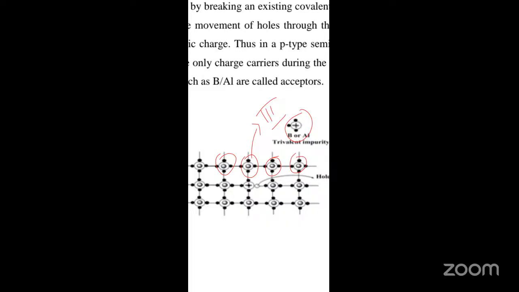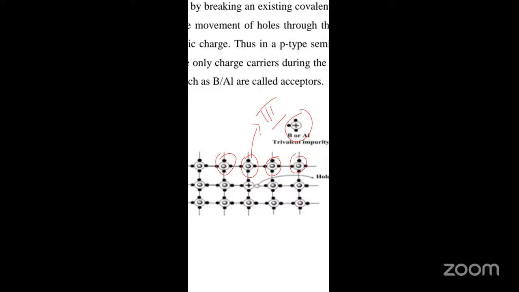If we replace one position of silicon with one boron or aluminum, what will happen? To make a bond with the other silicon atoms, 4 electrons are required. But a third group element has only 3 electrons.